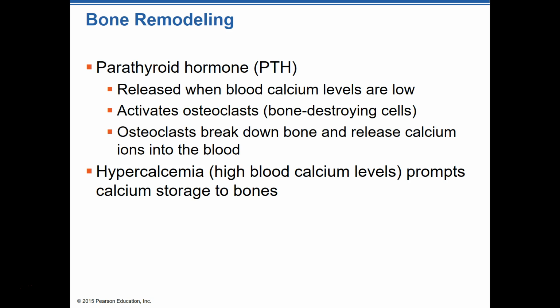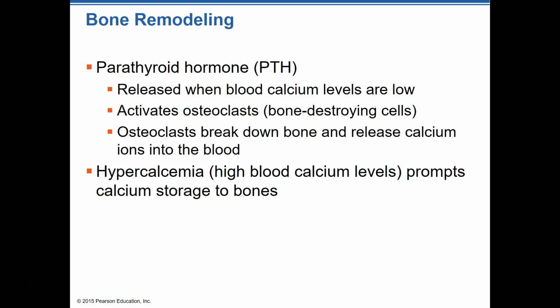It activates cells called osteoclasts. Remember, osteocytes are bone cells themselves. Osteoclasts are bone destroying cells. Now, they don't go in there and destroy osteocytes, but they start breaking down the bony matrix. And what that's going to do is release calcium ions into the bloodstream.